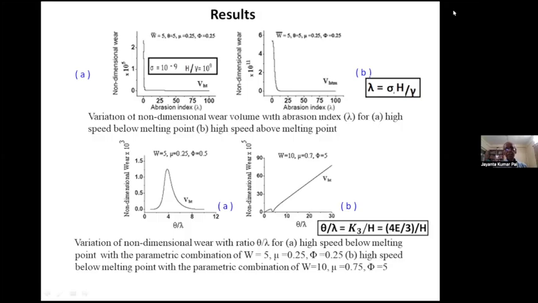So if we look at it, lambda becomes 1. And for it to rise, very small changes in sigma are needed. For example, an abrasion index of 100 can be obtained by changing the nanometric roughness to 0.1 micron. So this small change in roughness probably does not affect the wear, and we see almost a straight line.